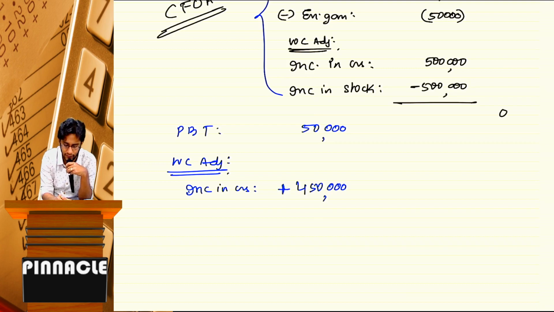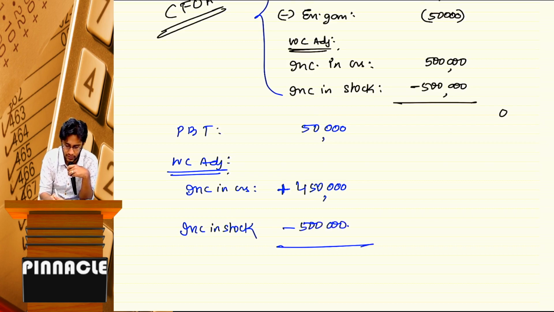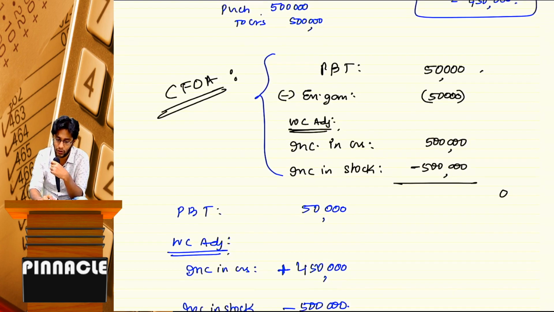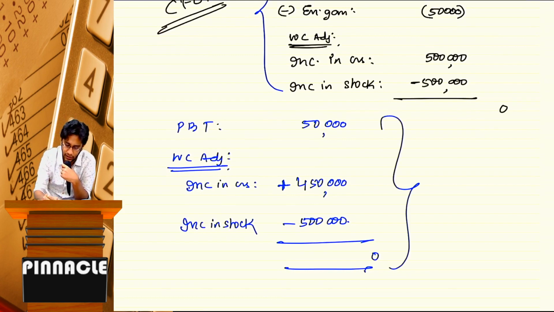Inflow. Sorry. Increase in stock, minus 5 lakhs. Net impact is still 0. What you told is not wrong. That is correct, and this is correct too, but this is the IND AS 7 requirement.